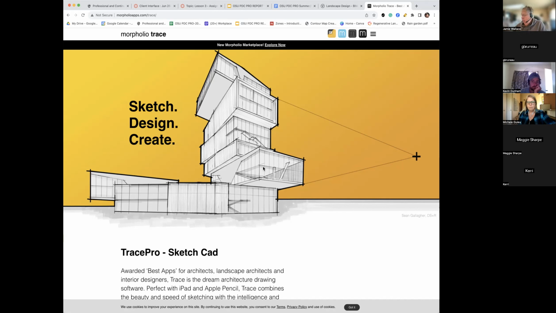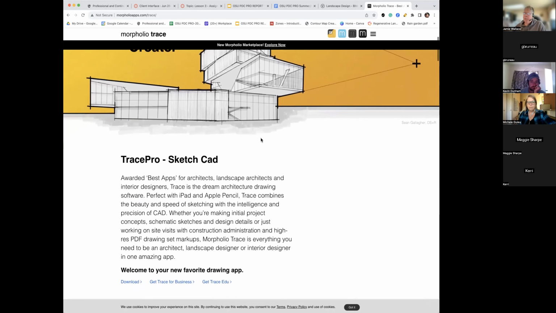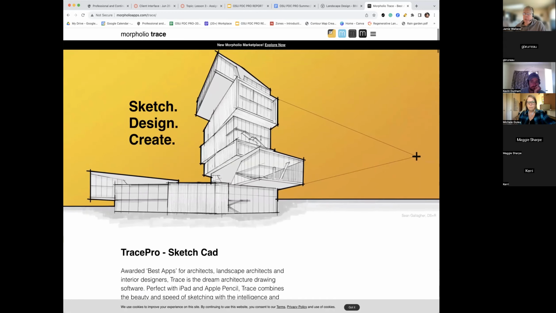We have it on our iPad, and I don't use it too much for design, mainly for rough concepts, just between my wife and myself. We don't really use it for anything that we present to a client, but this is a great starting point for a lot of people, and low cost. Again, it's like $35 for a year, I think, may even be less.